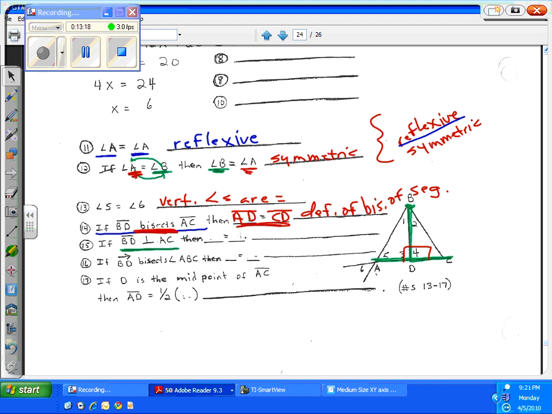Now, not only does it say that angle 3 is 90 and angle 4 is 90, but we can also conclude that angle 3 is equal to angle 4. And that is definition of perpendicular. From the definition, we get that those angles are equal, or we can get that individually those angles are 90.